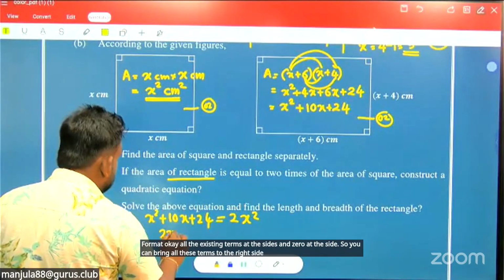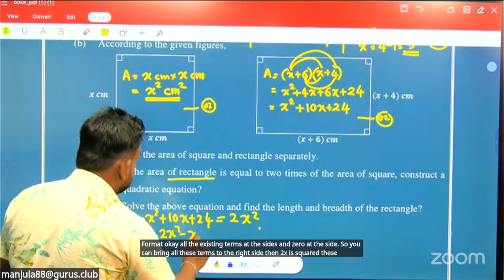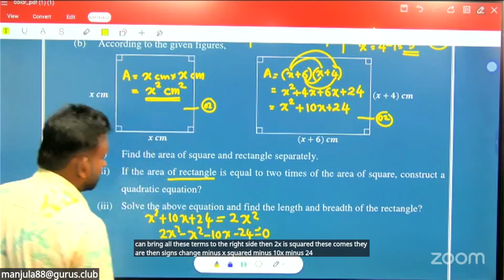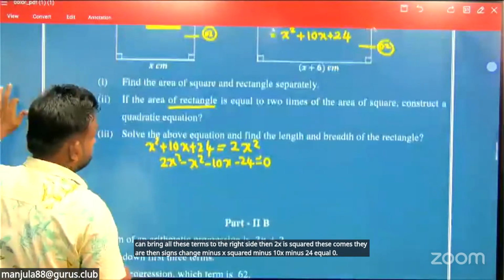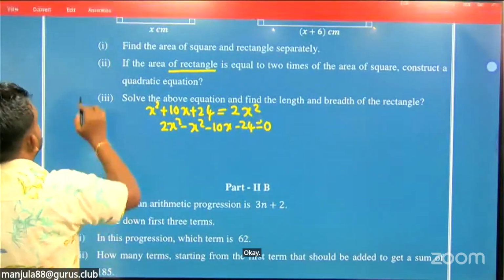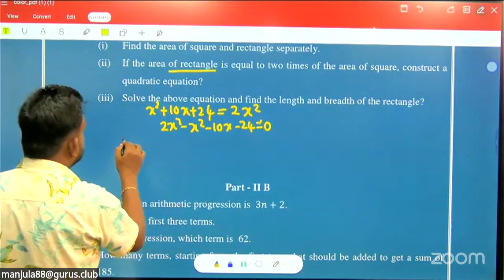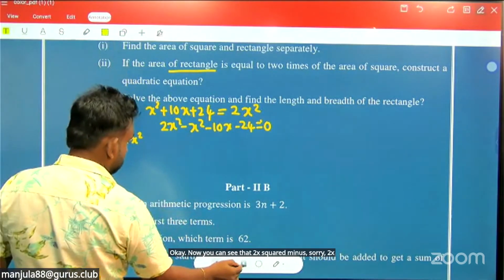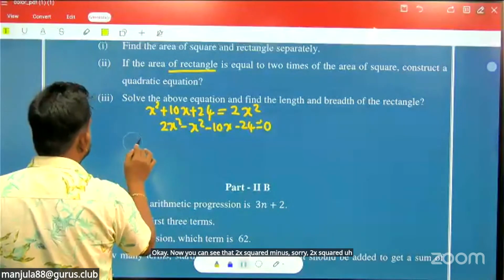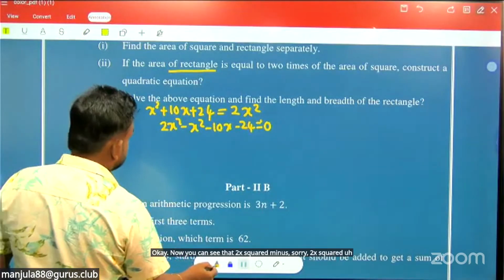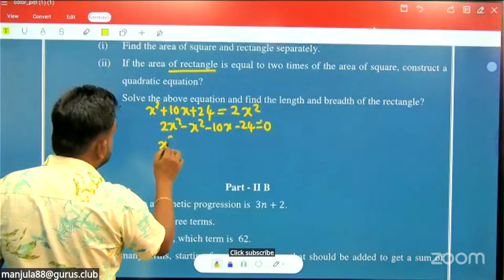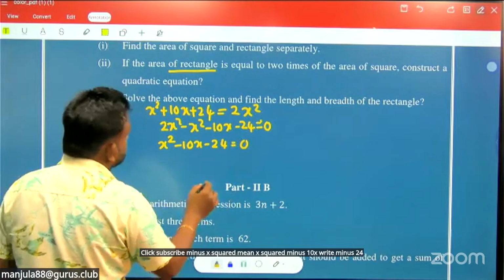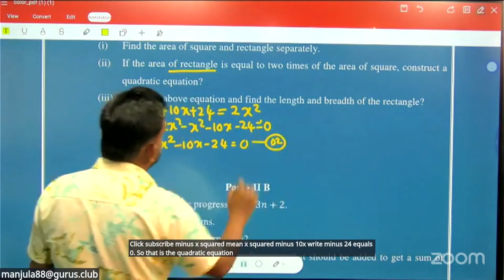Then 2x squared comes there, and signs change: minus x squared minus 10x minus 24 equals 0. Now 2x squared minus x squared means x squared, minus 10x, minus 24 equals 0. So that is the quadratic equation. You have 2 marks to build up that one.